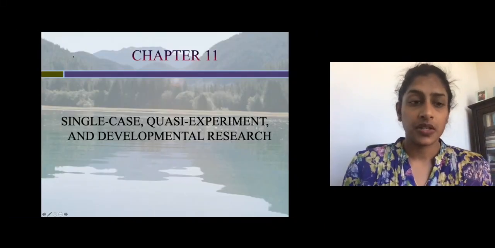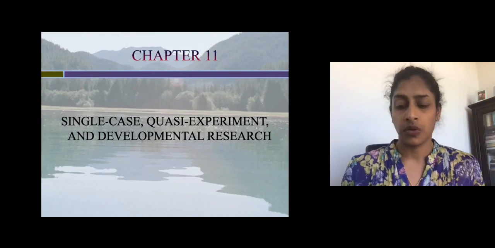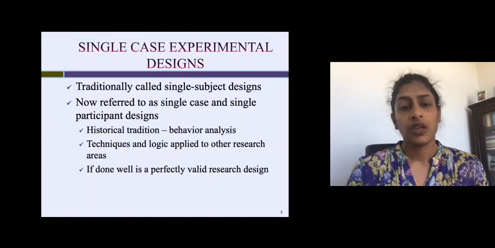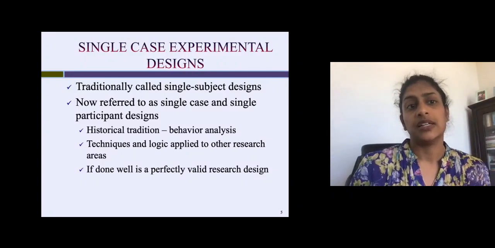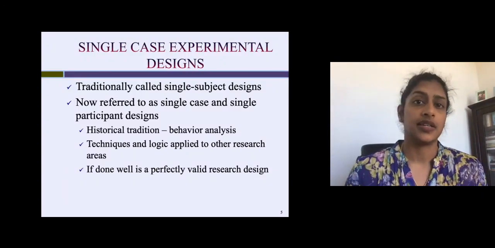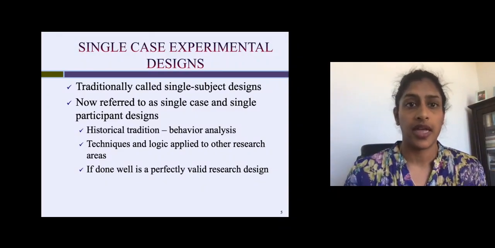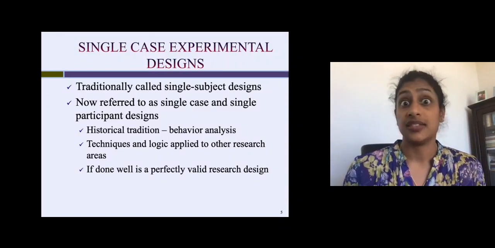All right, so in this chapter, we're going to go over a couple of different study designs. The first type of study design is a single case experimental design. Now, this is typically done when we have a case study, right?